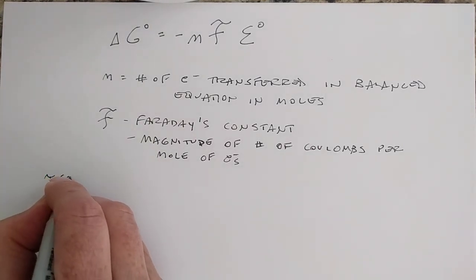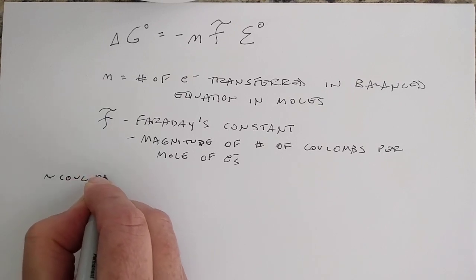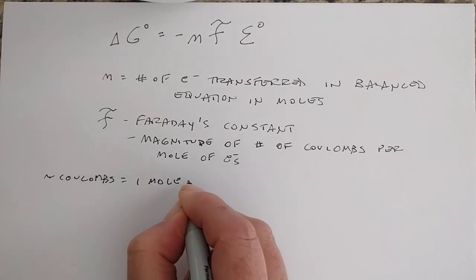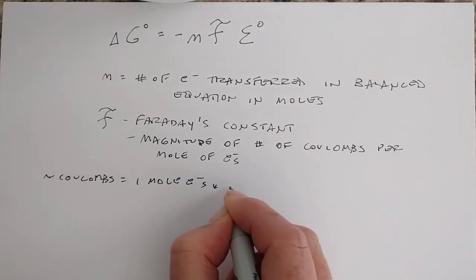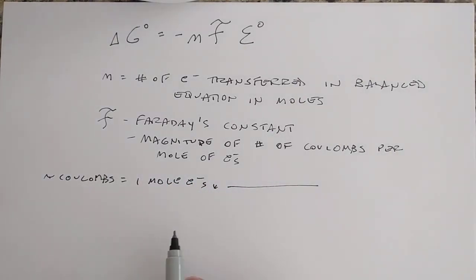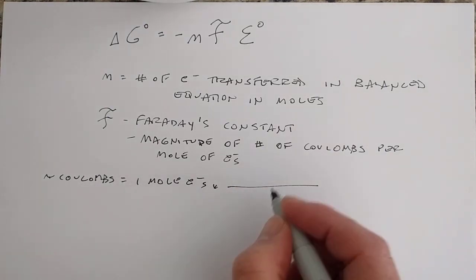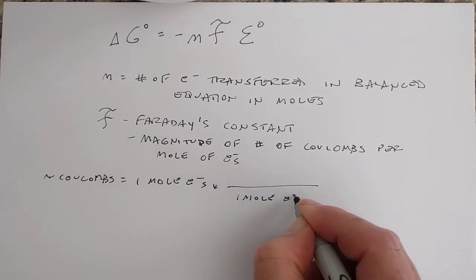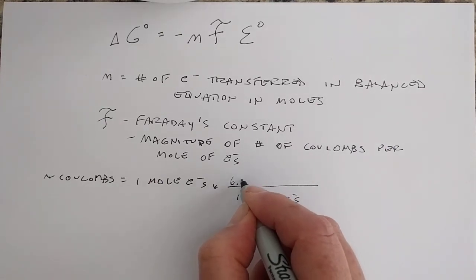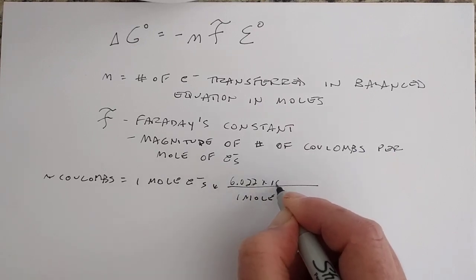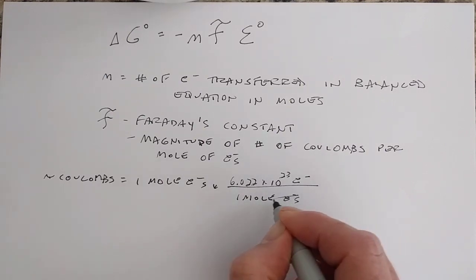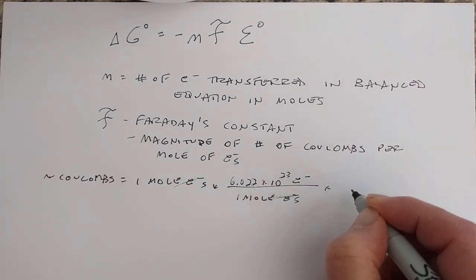So x coulombs equals 1 mole of electrons. And we know how many electrons are in a mole of electrons. That's just Avogadro's number. So in 1 mole of electrons, we have 6.022 times 10 to the 23rd electrons. So moles of electrons cancel out.